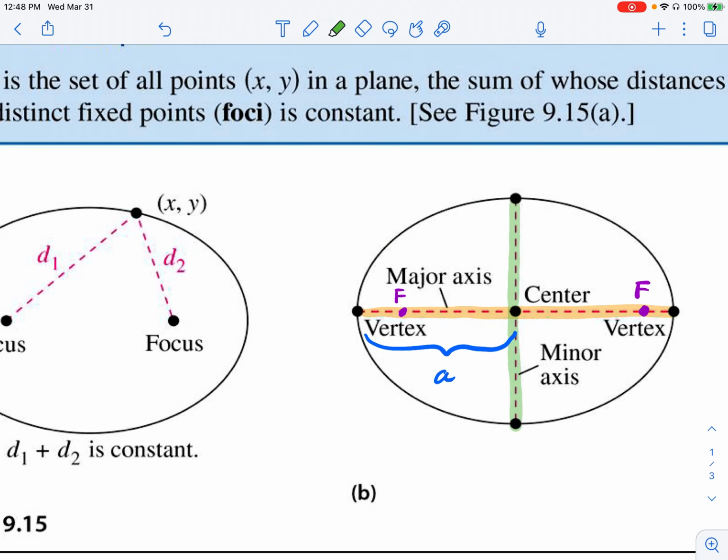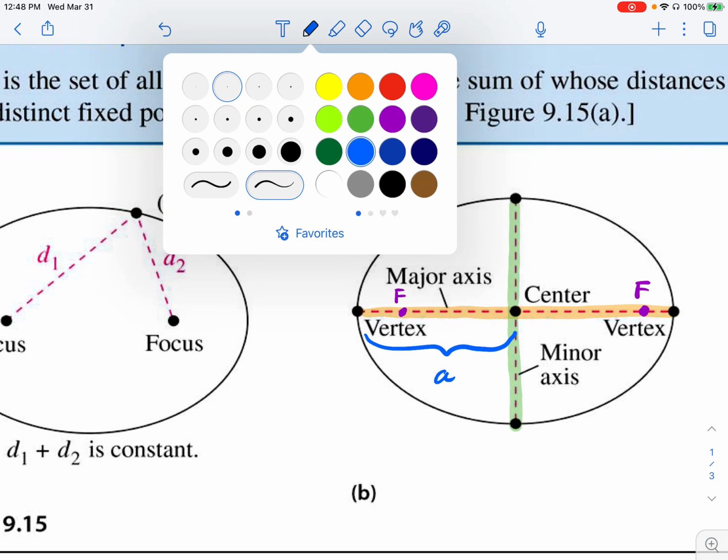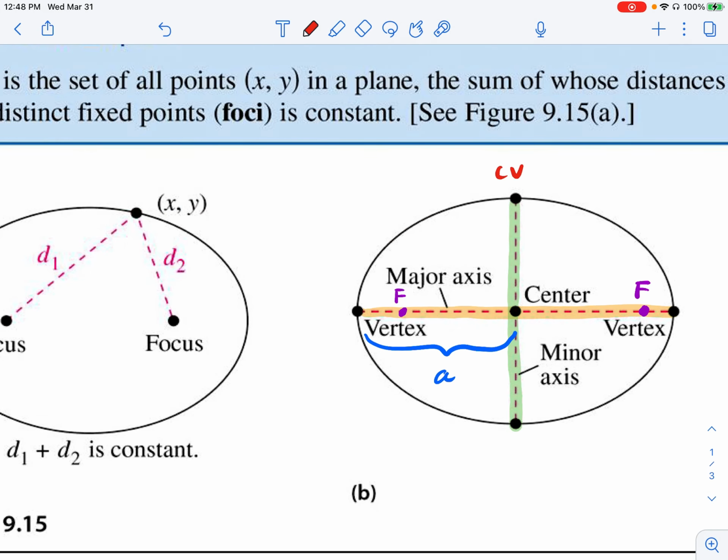The endpoints of the minor axis are known as our co-vertices, or CV for short. So we have co-vertices here. And the distance from our center to one of our co-vertices is going to be B.